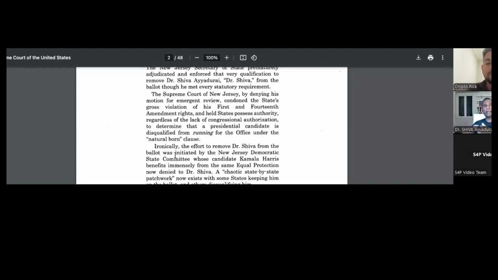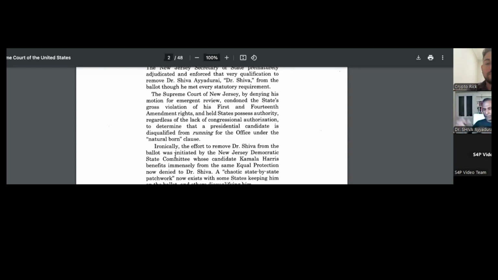More importantly, 100 years later, after slavery ended in the United States, they created the 14th Amendment, which said natural born or naturalized citizens are all equal. Okay? So this is what I say in the next paragraph. I said, ironically, the effort to remove Dr. Shiva from the ballot was initiated by the New Jersey Democratic Party, right?